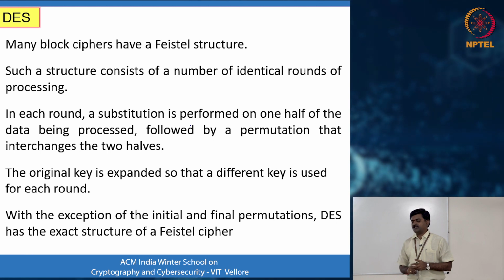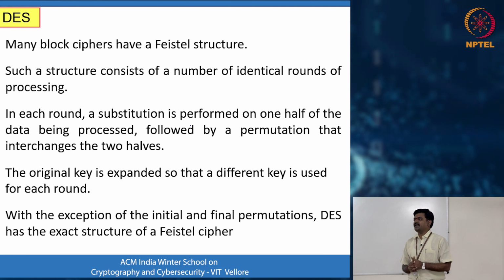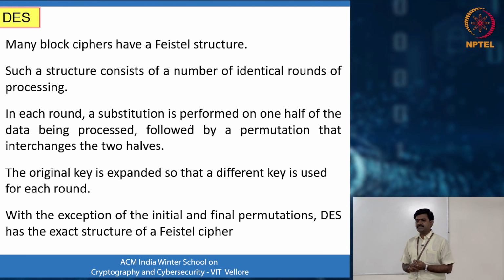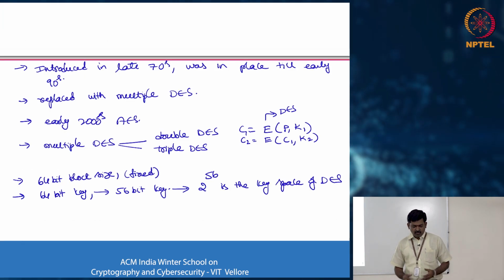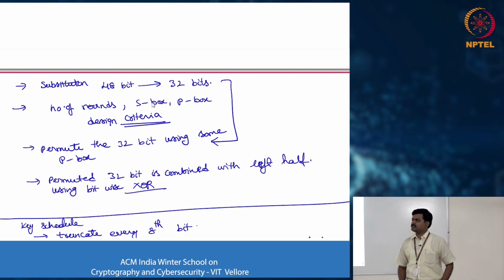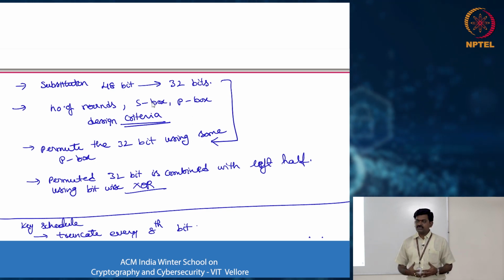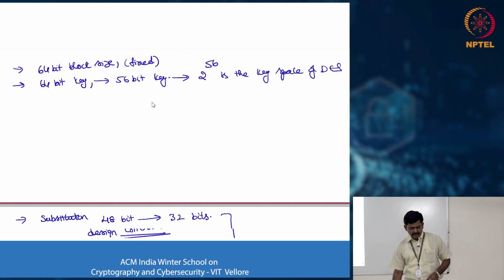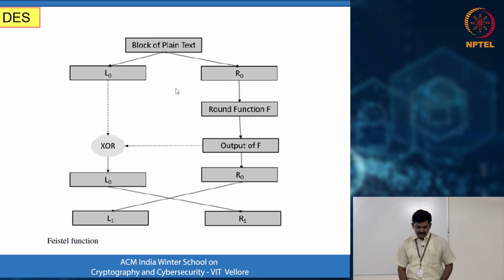If you are really interested to learn about the design criteria: how these S-boxes and P-boxes have come, how these various heuristics are fixed or have come into the picture. These are the various things which you should read and understand.